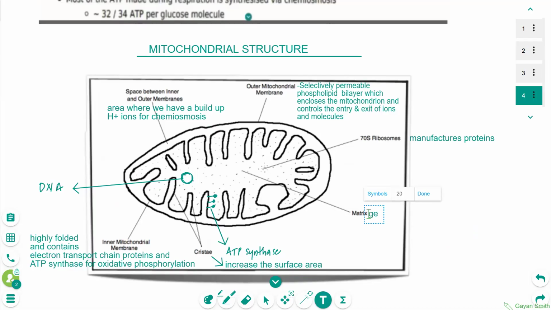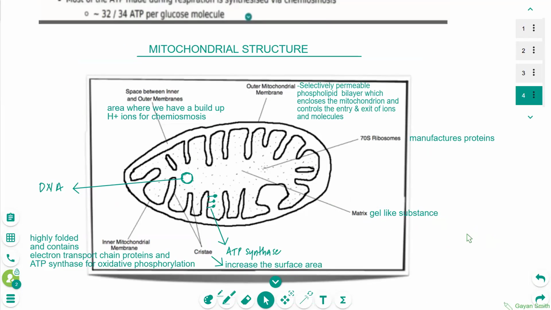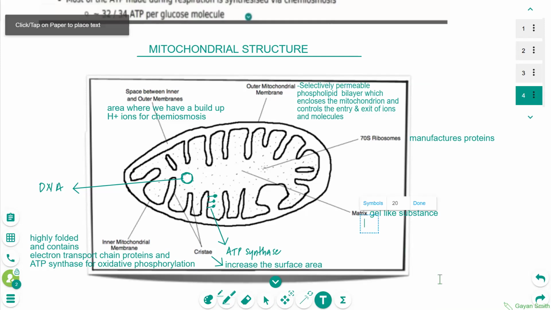So the matrix now has a gel-like substance. It's a mitochondrion when you have one.